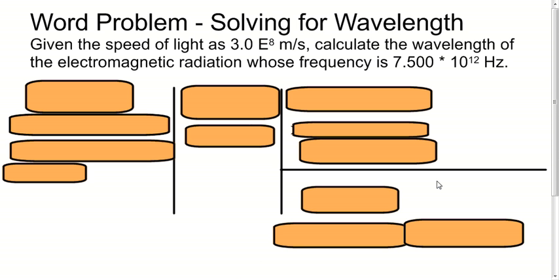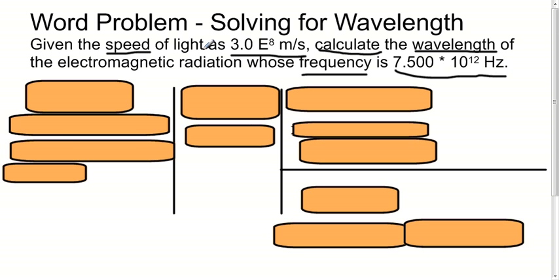Now here's another one. I'm solving for wavelength. I read the problem, and the first thing I do is note that the speed is this, then it says calculate wavelength, and the frequency of this thing is that.